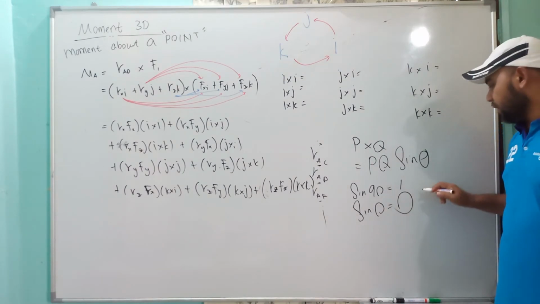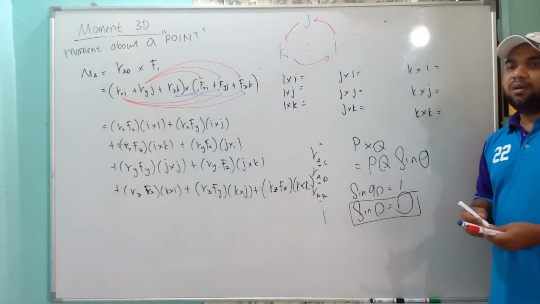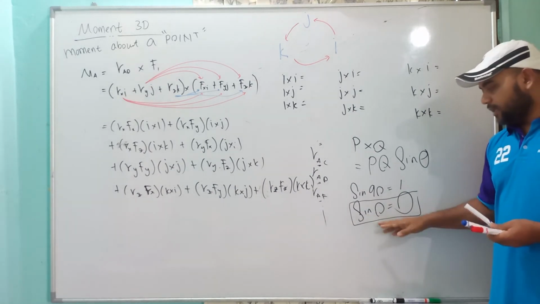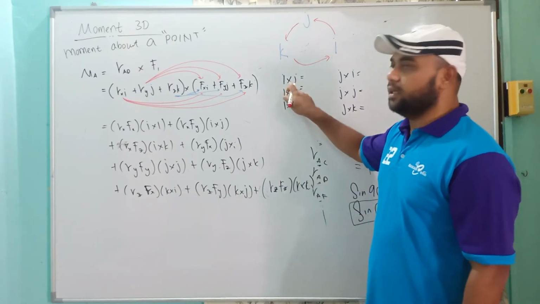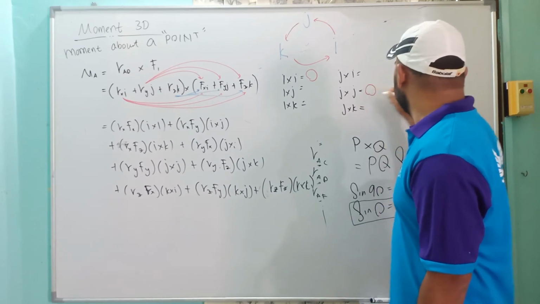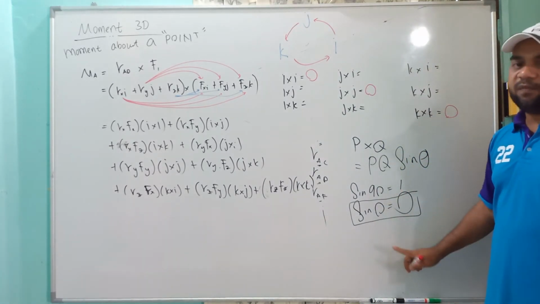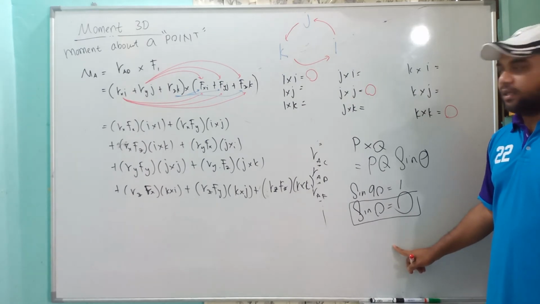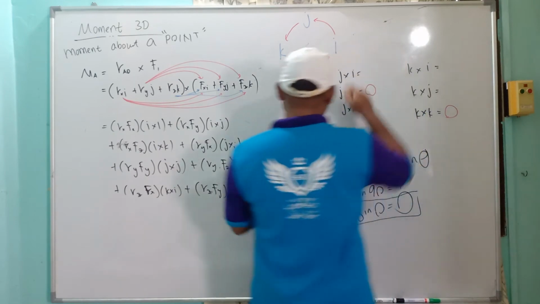Okay. So that's why any 0 angle will be 0, meaning that we have here I to I, on the X this one will be 0, J to J will be 0, K to K will also be 0. Okay, but the other ones we have to follow this.